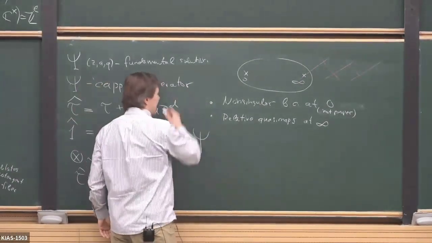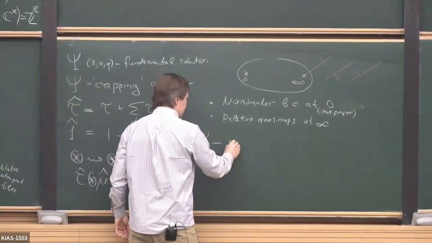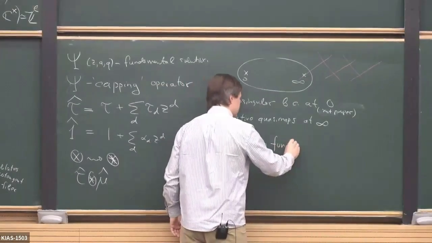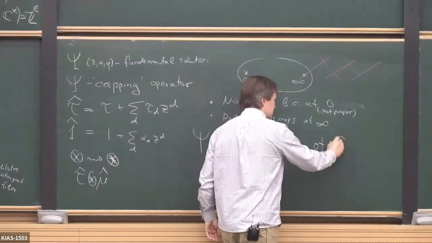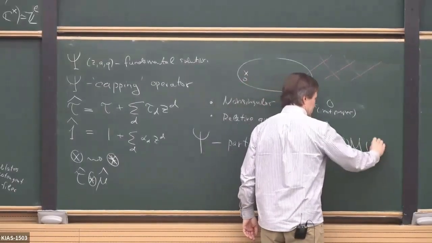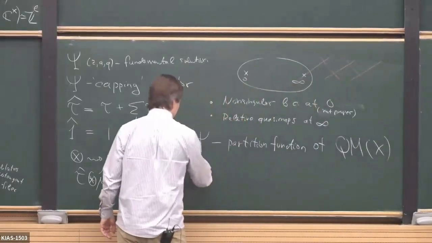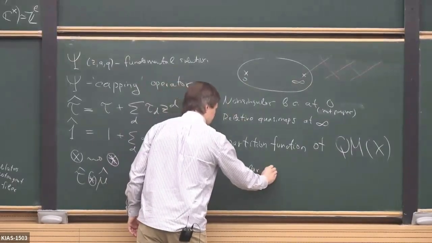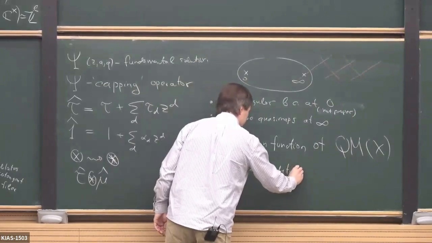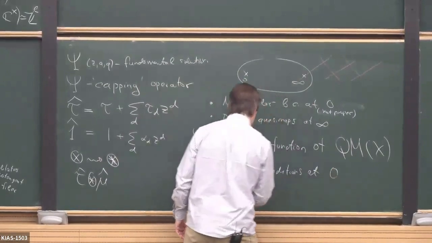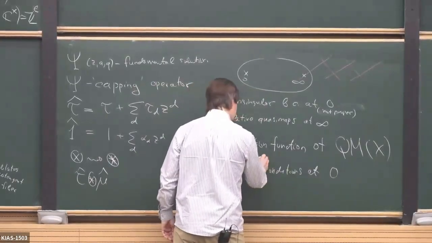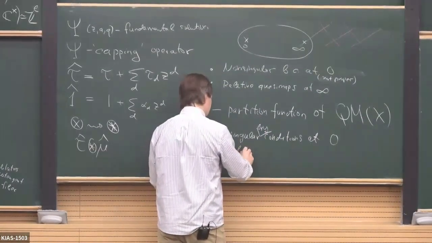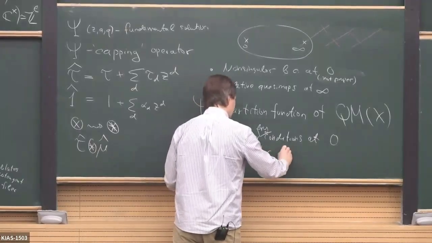So more or less psi, this capping, is the partition function, written in this loosely physics notation, of the moduli space of quasimaps into X, with non-singular conditions at 0 and relative boundary conditions at infinity.